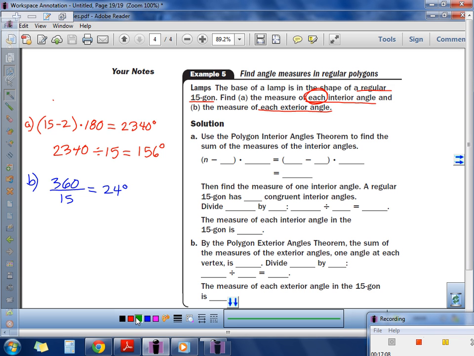If you remember, I told you a trick earlier. We had a shape, we had an interior angle, and then we had an exterior one right beside it. And I said, how are these two related? You told me they're supplementary. Well, are they supplementary? Yeah, they add to 180. So that means we've done it right for each interior and each exterior angle.